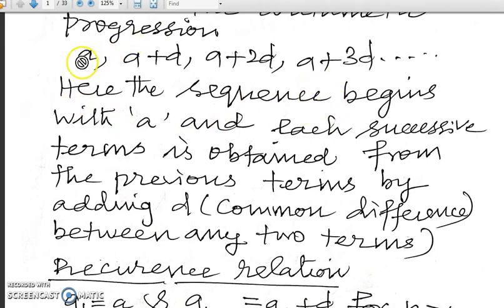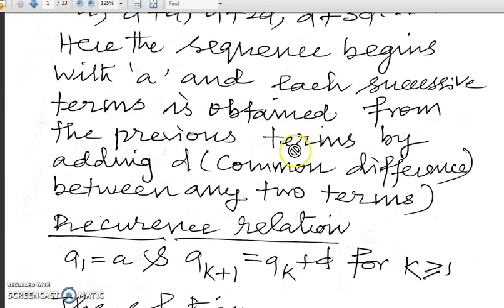Right. So if in a sequence each term is obtained from its previous term, then we call it a recurrence sequence. Now look at the recurrence relation.